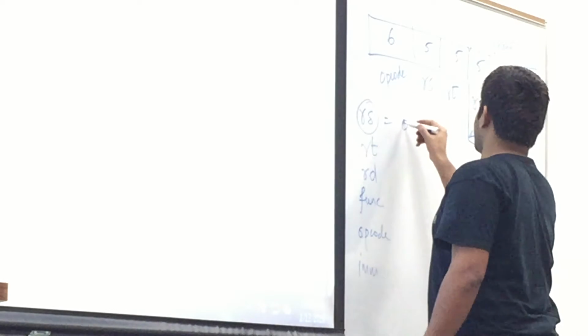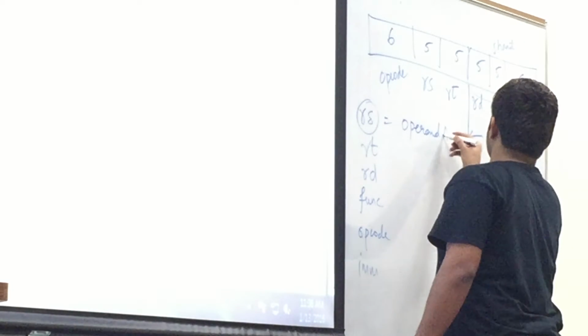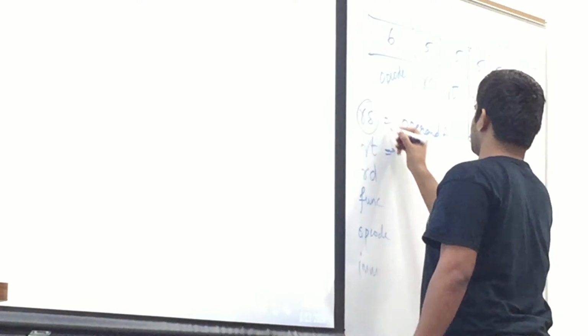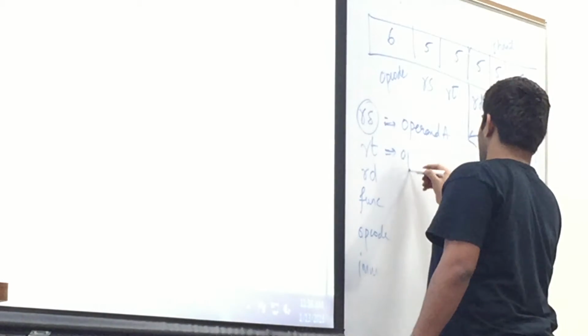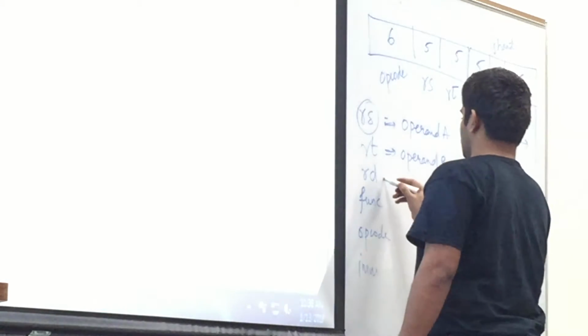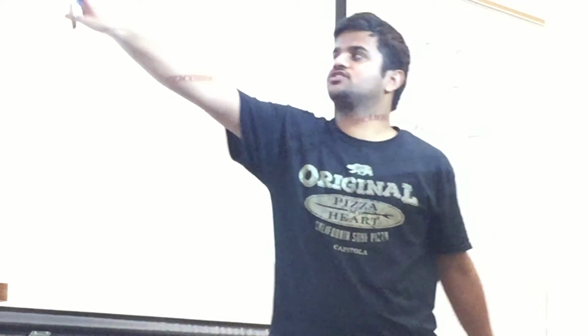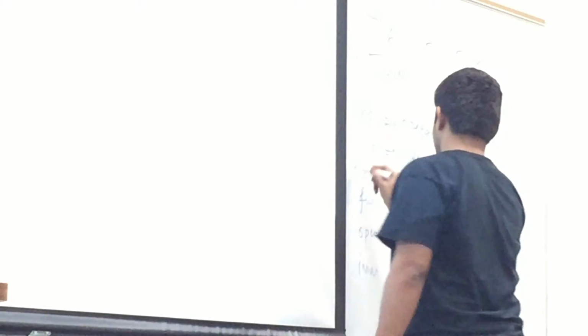So RS will help you to get the operand A. RT corresponds to the operand B address, and RD corresponds to the write address, because once you do the computation, you have to store that inside register file. So that address will be given by the RD, destination address.